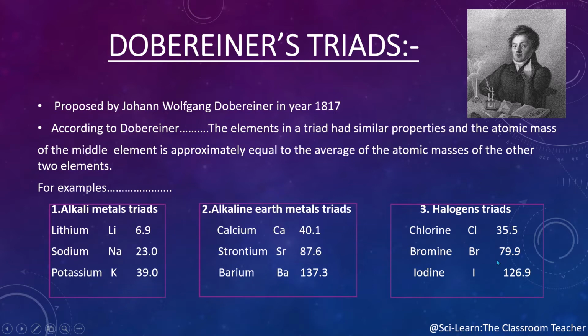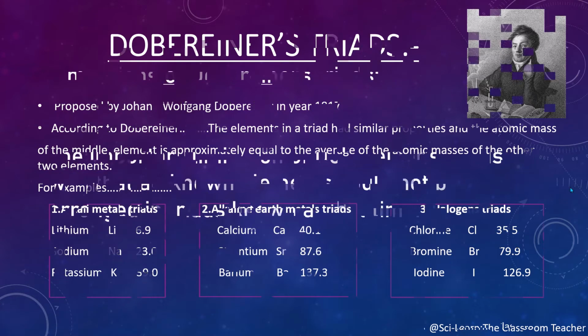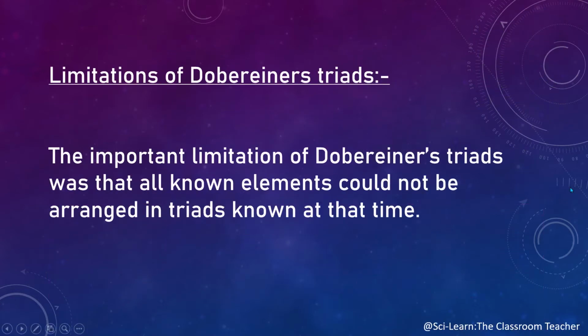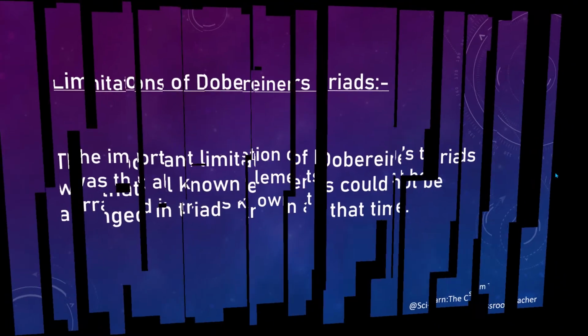So Dobereiner provided 3 Triads, but these 3 Triads were unable to explain the properties of all the known elements at that time. That is the limitation of Dobereiner's Triad.